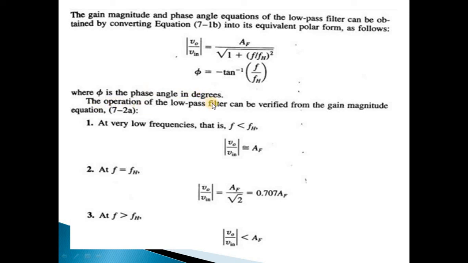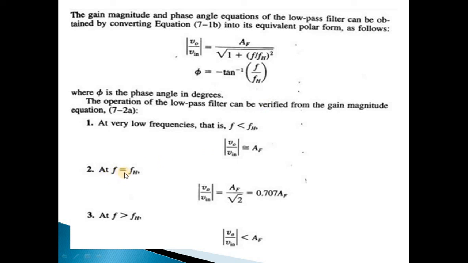The operation of the low pass filter can be verified from the gain magnitude equation. At very low frequency, that is f less than fH, the magnitude of gain will be equal to AF.